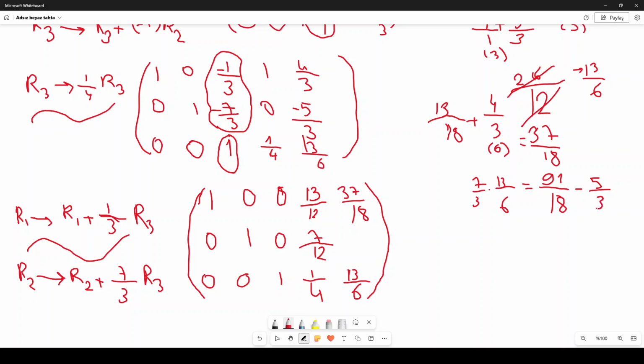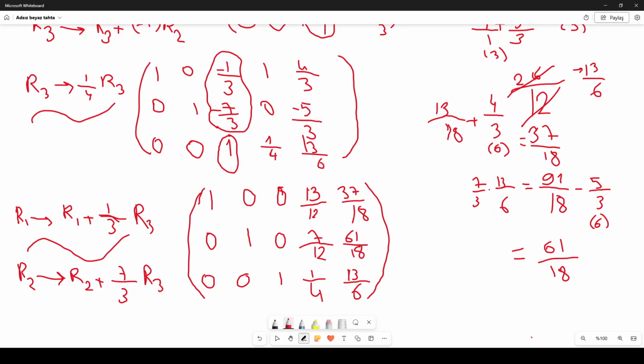So which means we subtract actually. Okay, and again equalizing the denominator, you see we got 61 over 18. So there it comes, 61 over 18.